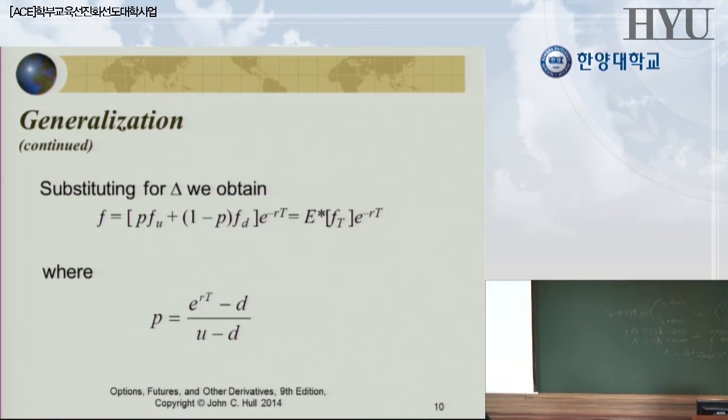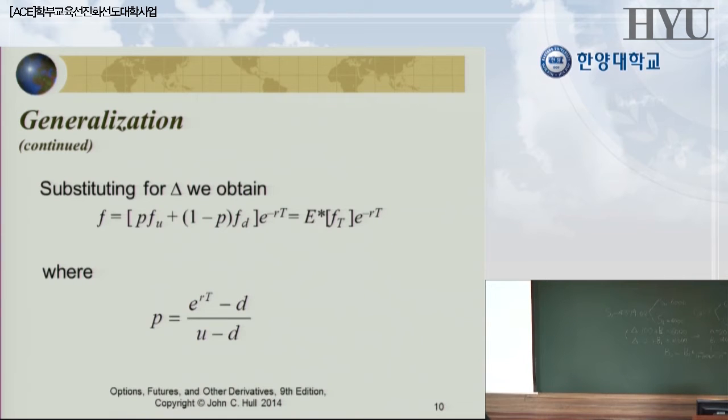And then my argument is that this p is actually a probability. Right? If we think p is the probability, then we have two possibilities, right? The stock price goes up and goes down. When the stock price goes up, they pay FU. When the stock price goes down, they pay FD. So if we interpret p as the probability, this part looks like the expectation of the derivative price, right?